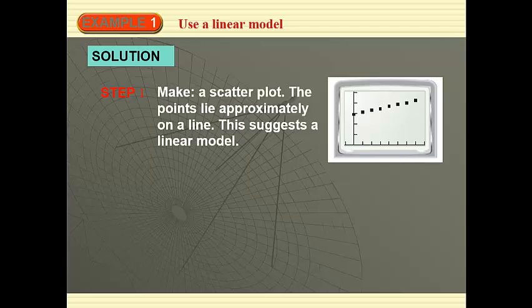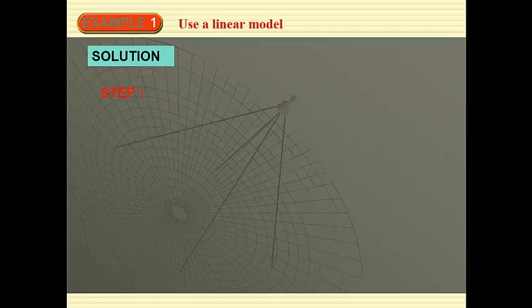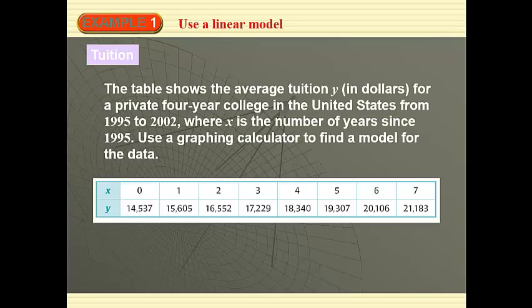So the x minimum in this case should be 0, and the x maximum should be 10 because it's close to 7, so it's 10. The y minimum should be around 14,000 and the y maximum should be around 22,000.